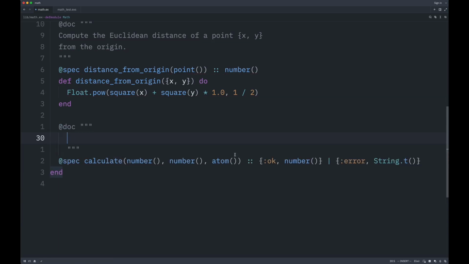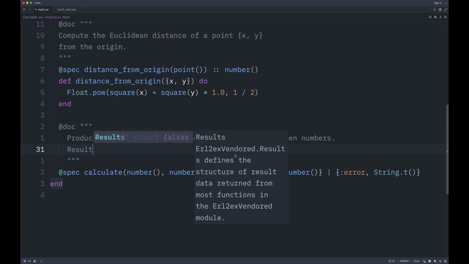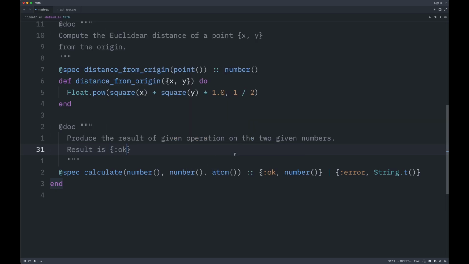So let's write the purpose statement. Produce the result of given operation on the two given numbers. We're going to say result is OK and number for a valid operation.